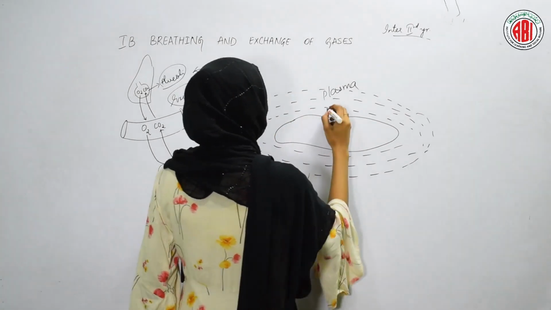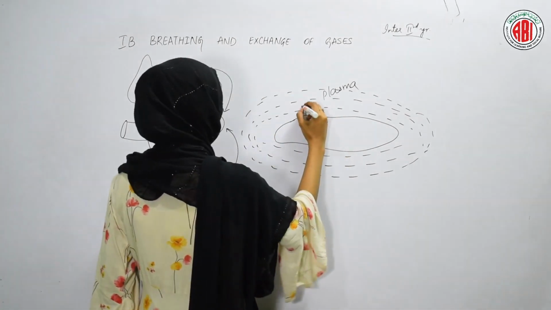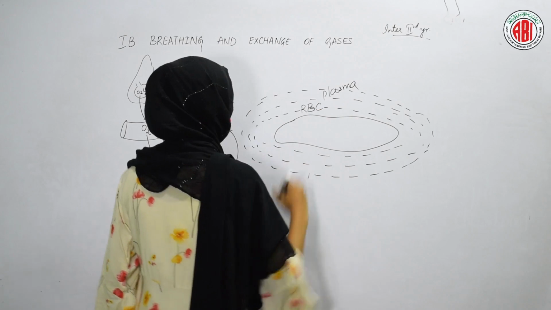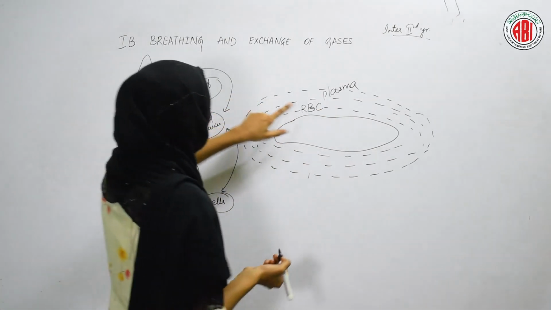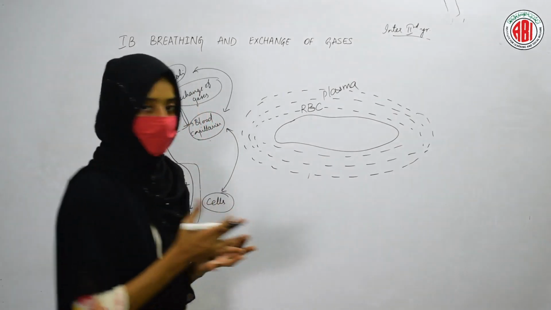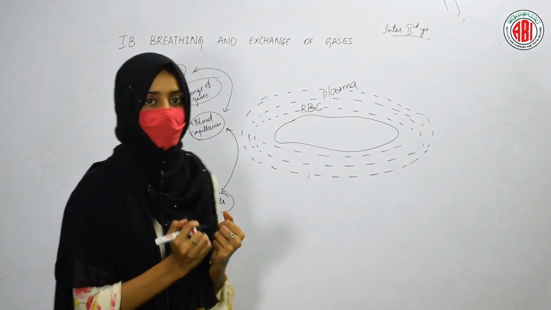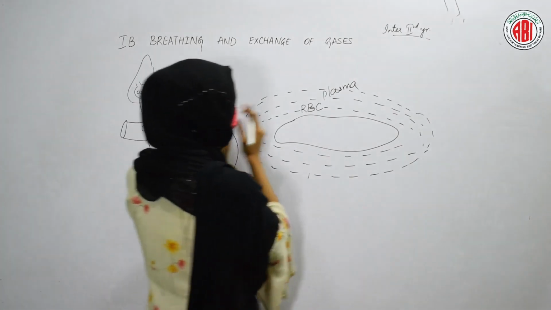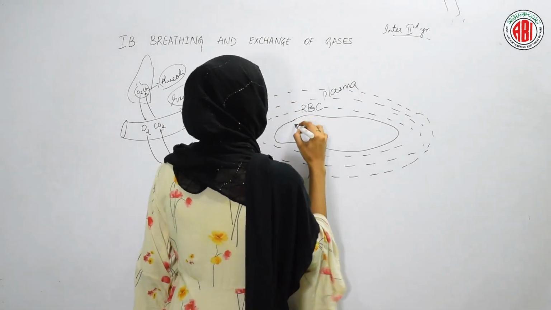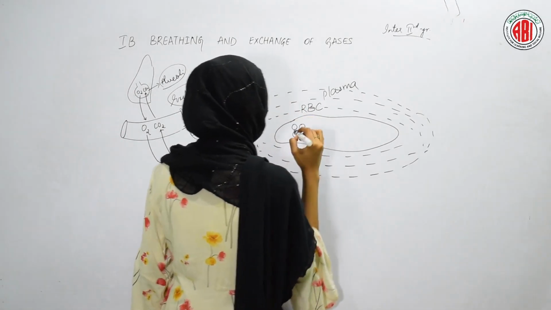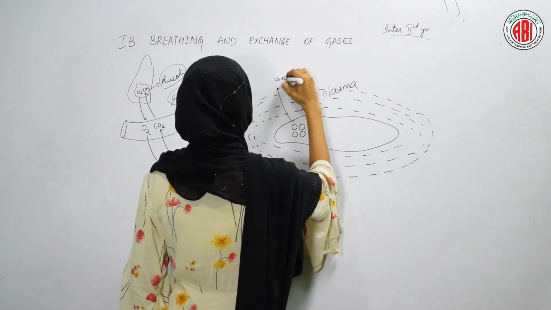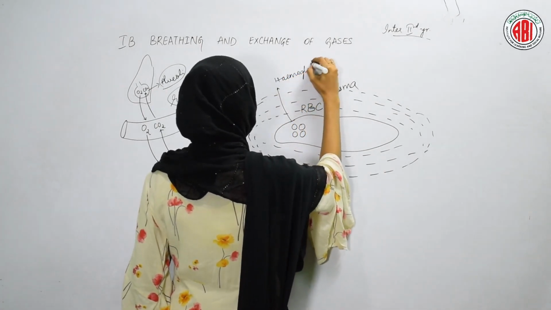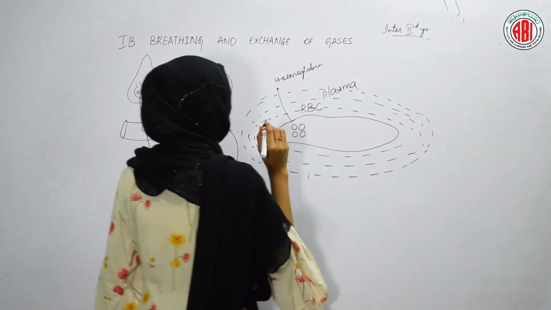But the important one that helps in carrying out certain reactions in the process of respiration is our red blood cell. Once the blood gets the oxygen, that oxygen enters into the red blood cells. In the red blood cells you can find one major pigment, and we name this pigment hemoglobin.